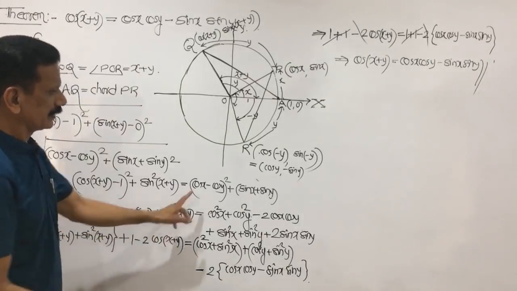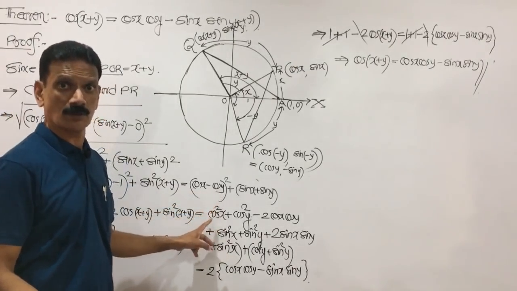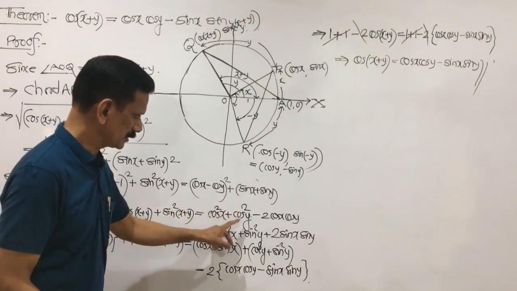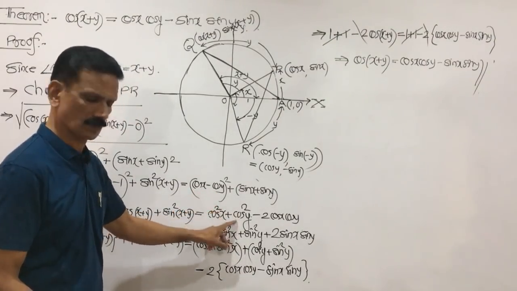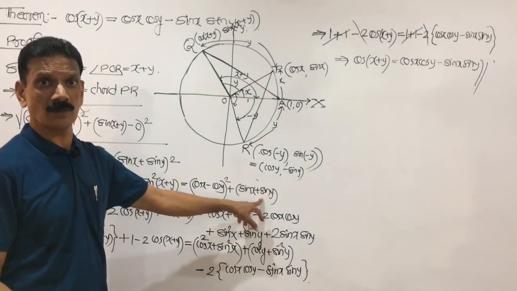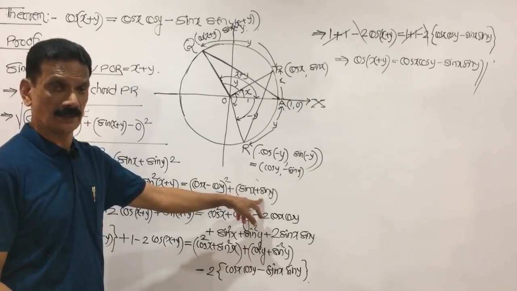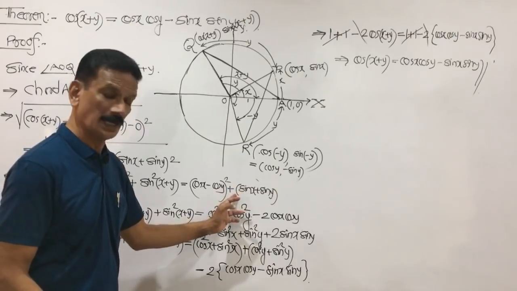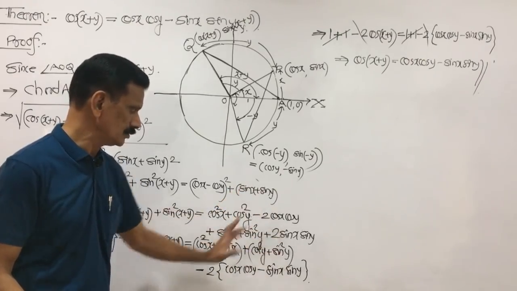Here also a minus b whole square is a square plus b square minus 2ab: cos square x plus cos square y minus 2 cos x cos y. And a plus b whole square is a square plus b square plus 2ab, so sin square x plus sin square y plus 2 sin x sin y.